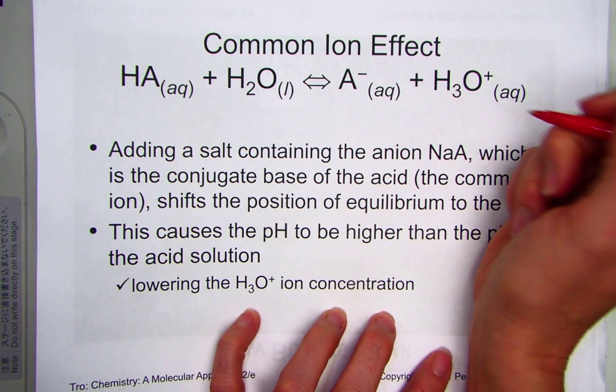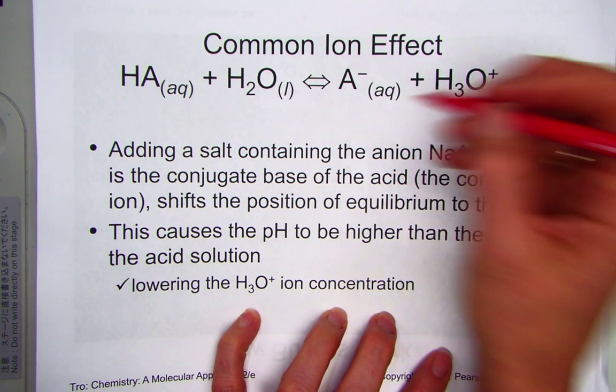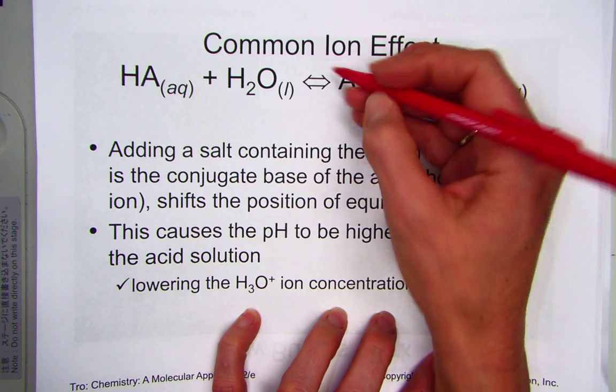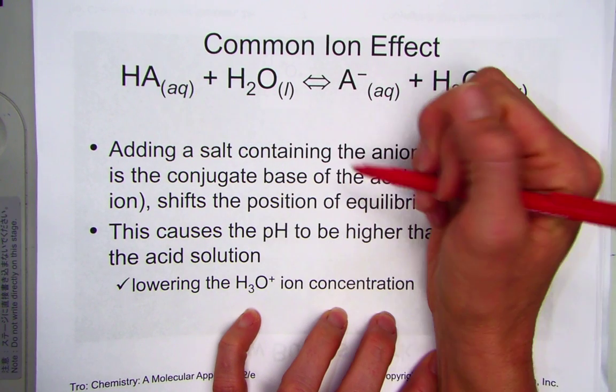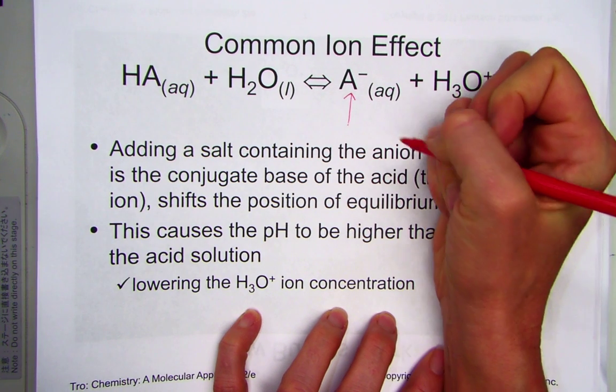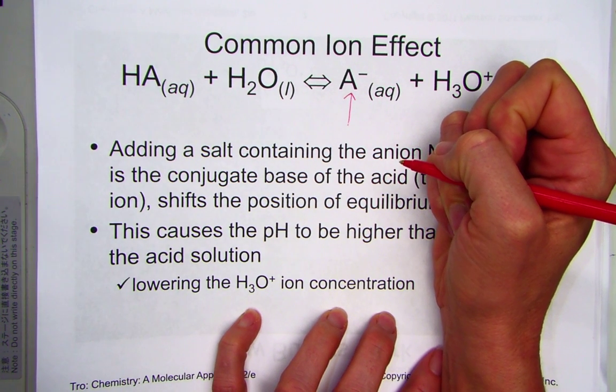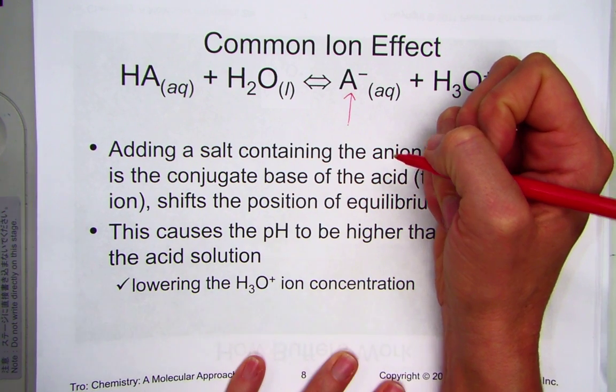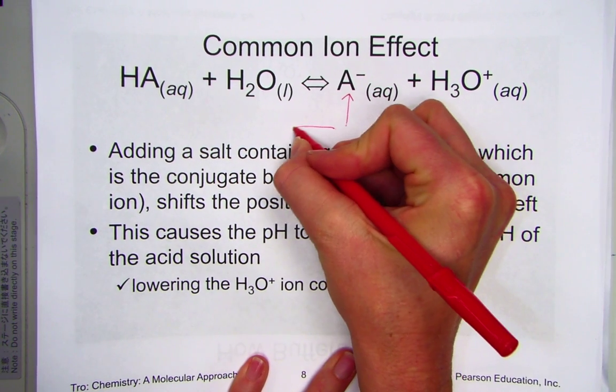So, just kind of thinking through arrows. If I add a salt that has the same last name as the acid, the original stress is about increasing the A negative. Le Chatelier says we're going to counteract that by shifting away from the stress to use it up.